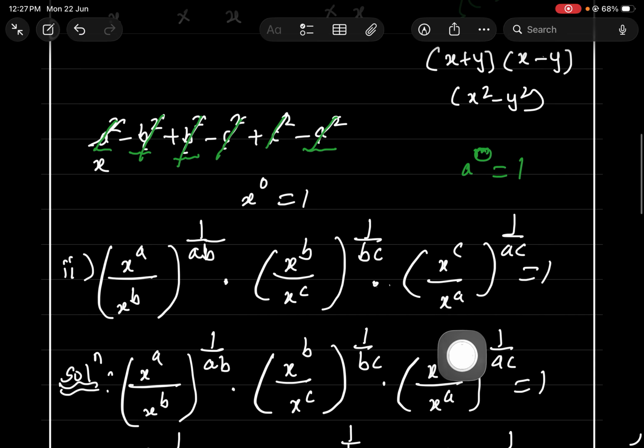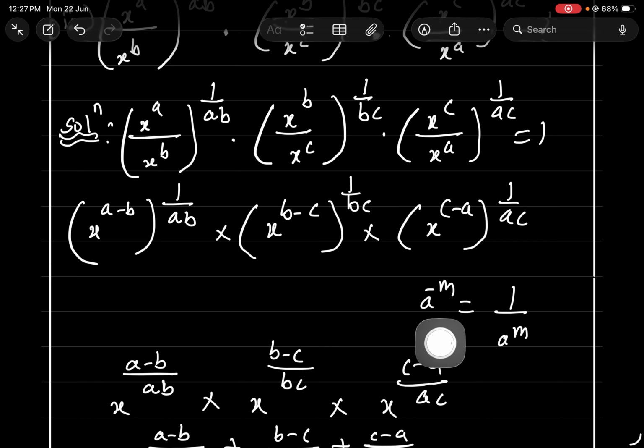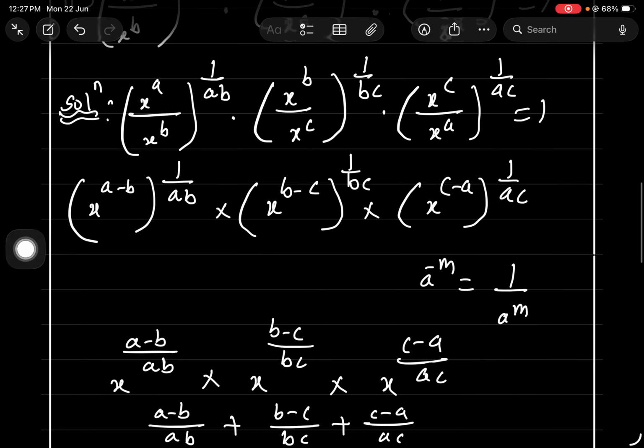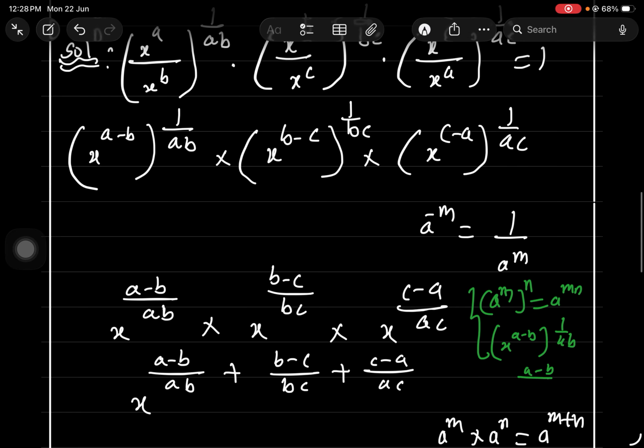Here also in the same way, the base is the same and it is a division, so we subtract the indices: x^((a-b)/(ab)). We use the law a^m · a^n = a^(m+n). So multiplying (a-b) by 1/(ab), it comes like this.